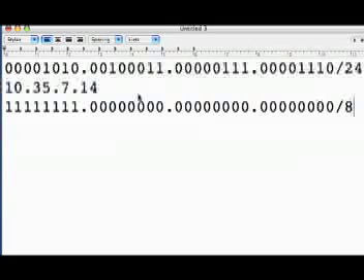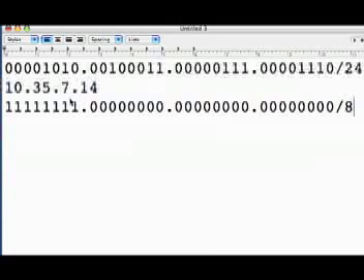And that way, given any IP address, you can figure out what the network identifier is by doing a bitwise AND between the IP address and the mask. It's like an AND mask.